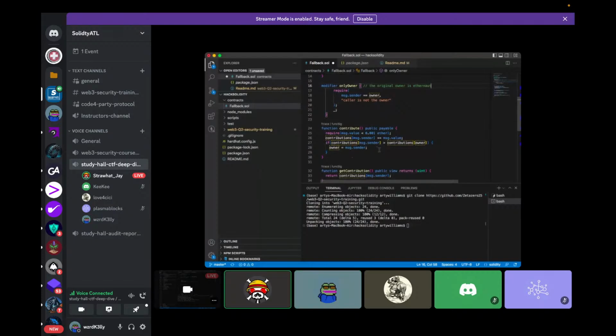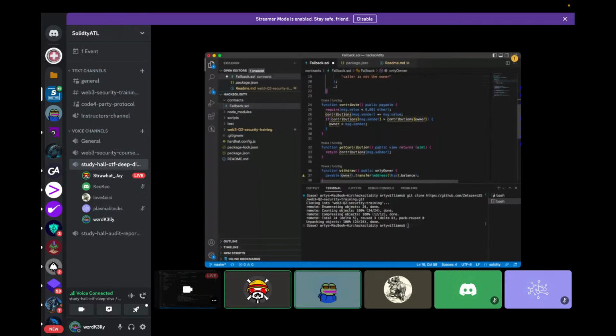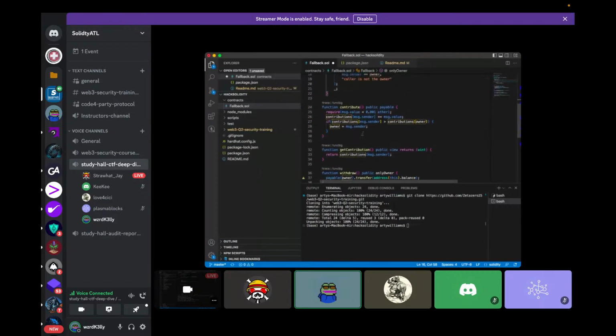But it's also requiring that the only value you can send is something less than 0.001 ETH. So it's contradicting itself, right? Yeah, the contract's contradicting itself right there. That is true. Okay, so when you hit that, what was your thought process? You were like, oh dang, I can't use this contribution to become the owner.